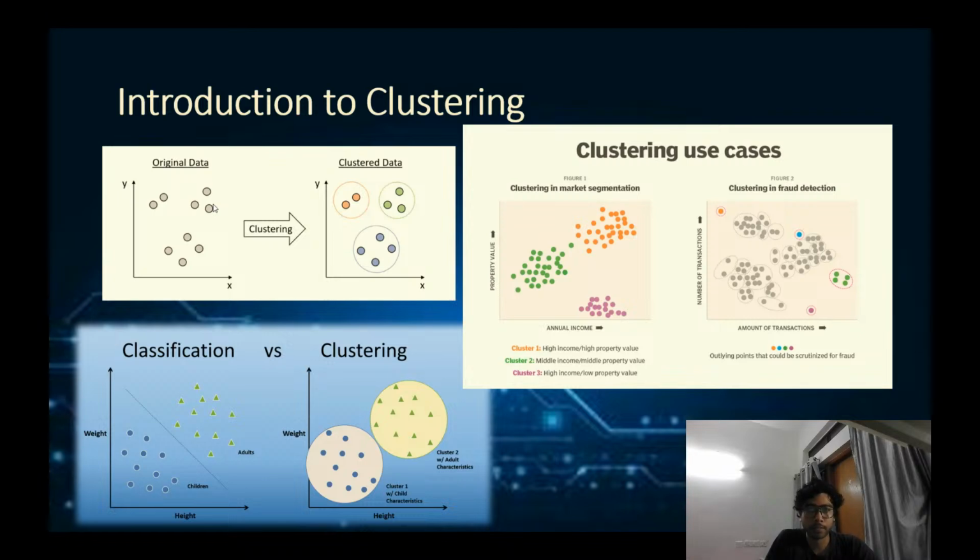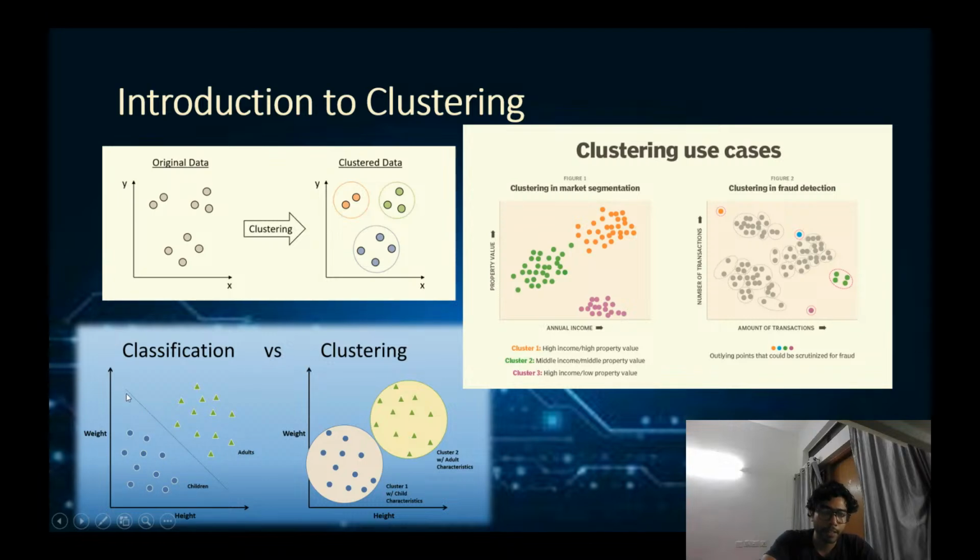But you see one important difference between classification and clustering. This is the data of, let's say, height and weight of people. The green ones are the height and weight of adults. You would expect a greater height and a greater weight in the case of adults, whereas in the case of children you will observe a lower height and a lower weight.